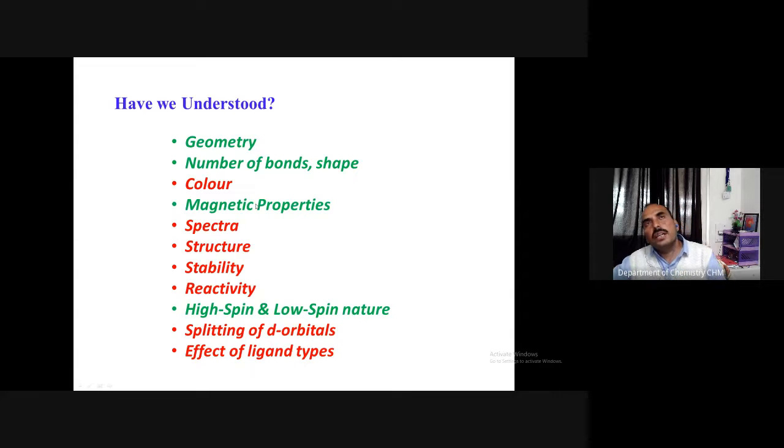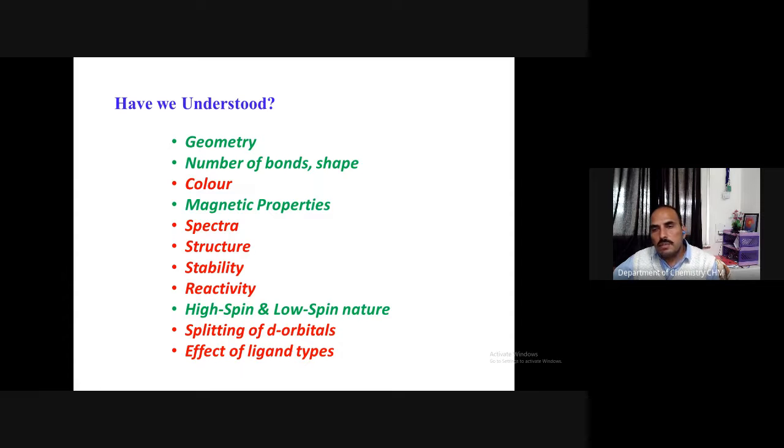Maybe the complex magnetic behavior like antiferromagnetic coupling or ferromagnetic coupling, those kinds of things you cannot explain with the valence bond theory. Still, there are many properties like color, spectra, structure, stability, reactivity, splitting of the orbitals, and effect of ligand type. These are the properties that, even after using the valence bond theory, we really cannot understand.